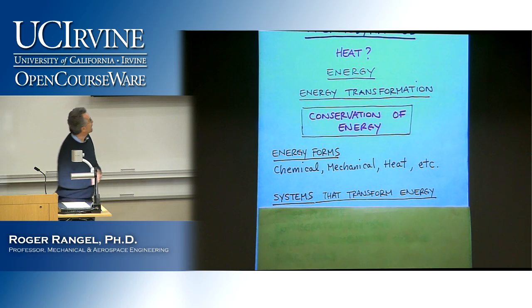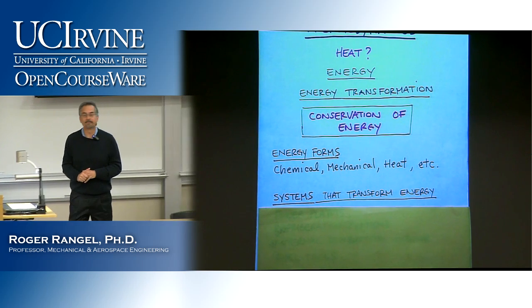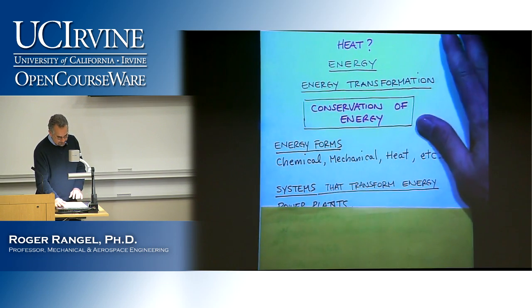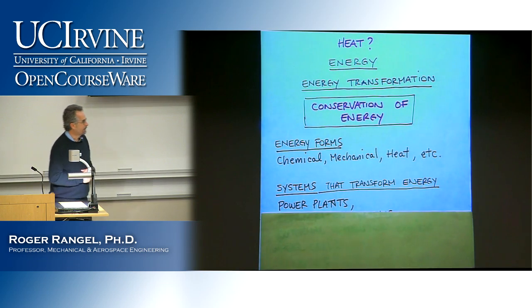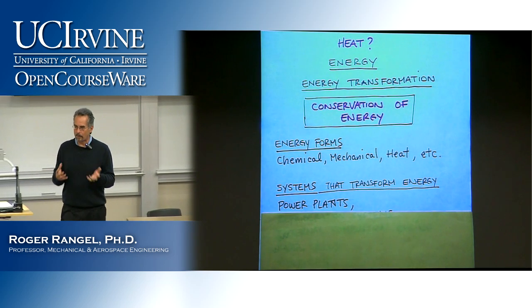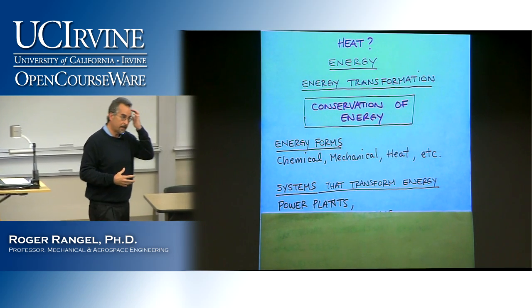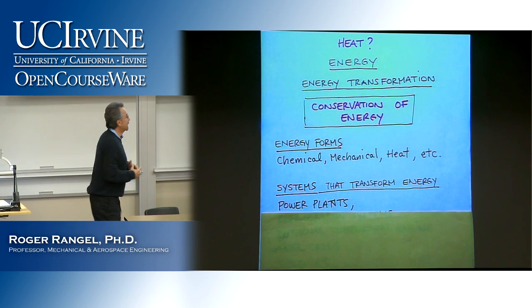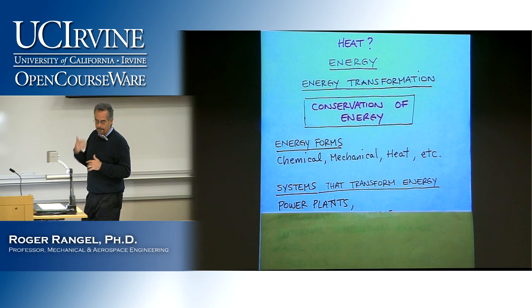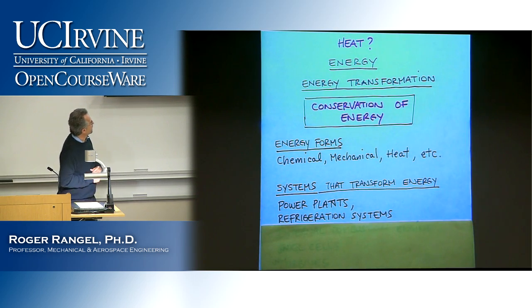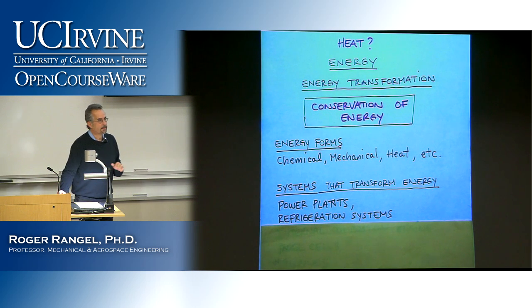We're going to be looking at systems that transform energy, that energy conversion process. So here I list some examples. A power plant. If you're a mechanical engineer, then a power plant perhaps is more of a common device for you than, say, the heat engine, the jet engine that we were looking at in the video. Refrigeration systems, designed to move heat around, right?